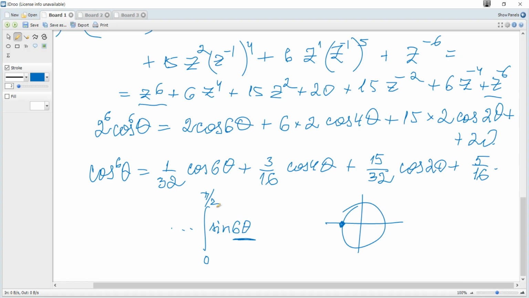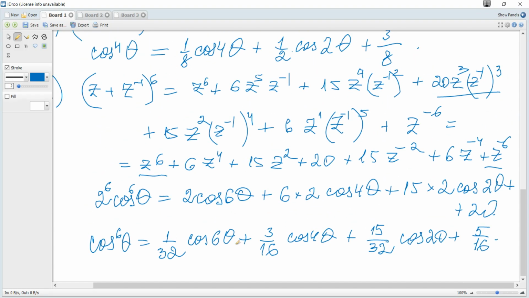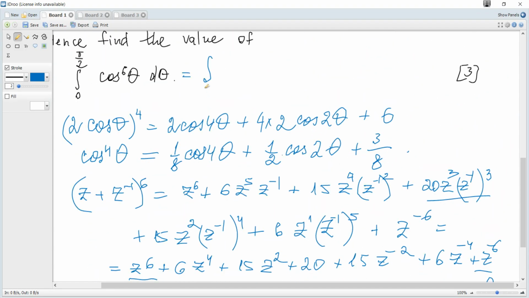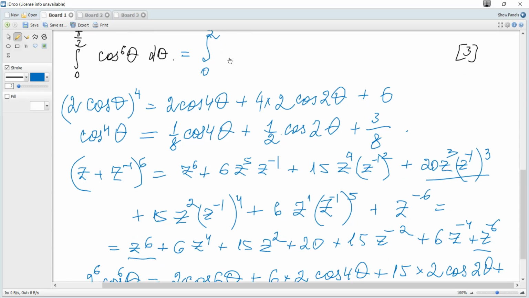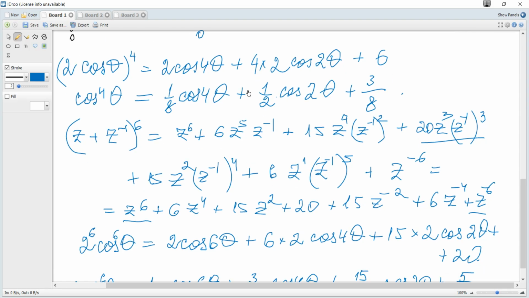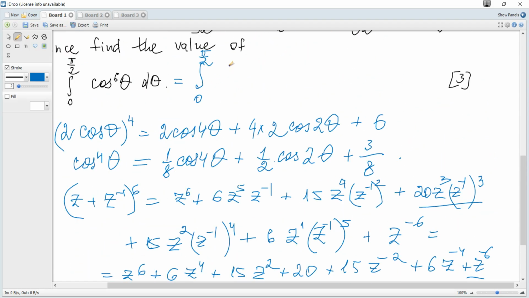So it will be just the integral from 0 to pi over 2 of 5 over 16 d theta.